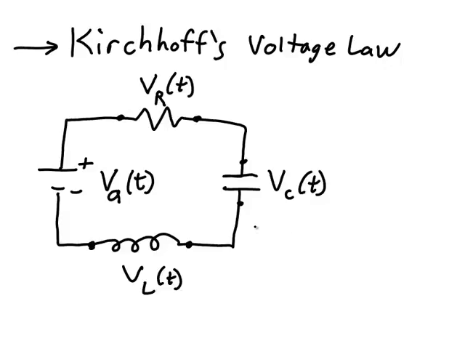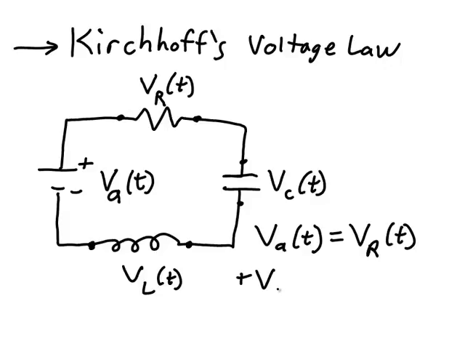Kirchhoff's voltage law tells us that at any time t, the voltage applied is going to be equal to the voltage across the resistor at that time plus the voltage across the capacitor at that time plus the voltage across the inductor at that time.